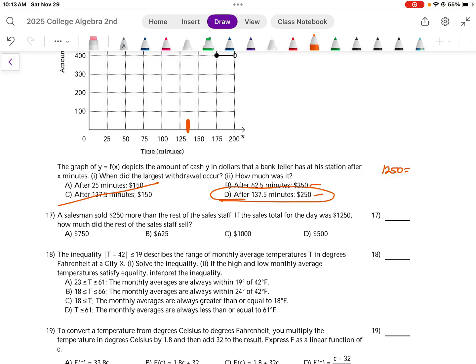So if the rest of the sales staff were x, then the one salesperson did x plus 250. And then that would be 1250 equals 2x plus 250. Subtract the 250. We get 1,000 equals 2x, sorry. And then we would get x is equal to 500.